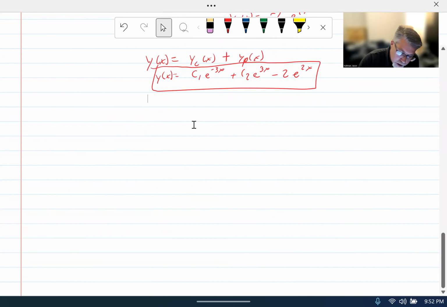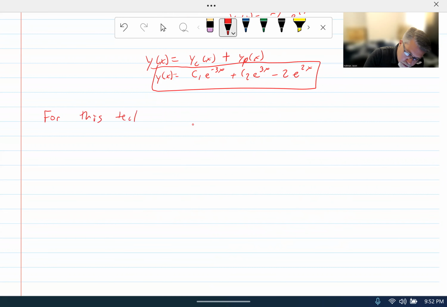Now for this technique to work, we have some conditions. F of x must be of the following forms.